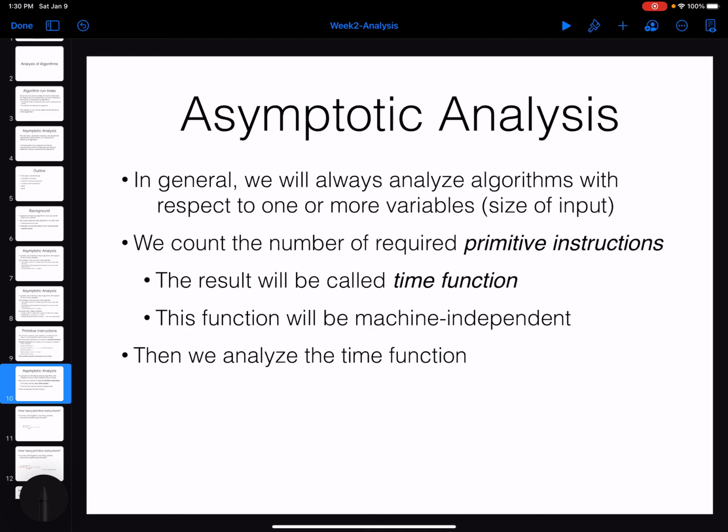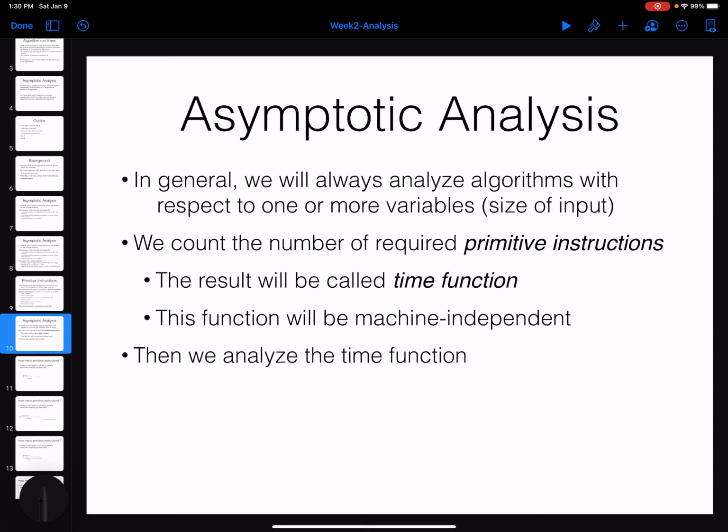So when you are counting the number of primitive instructions, this will definitely depend on your input size. The result is going to be a formula, a function in terms of that input size variable. So let me show you how we can count the number of simple instructions over a very simple example. Let me show you a couple of examples here.